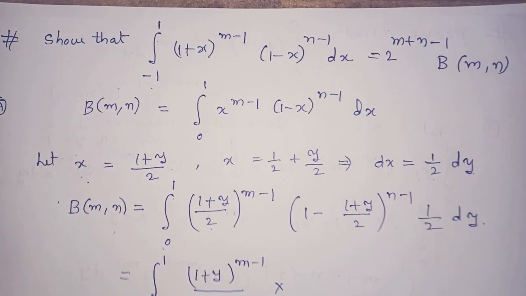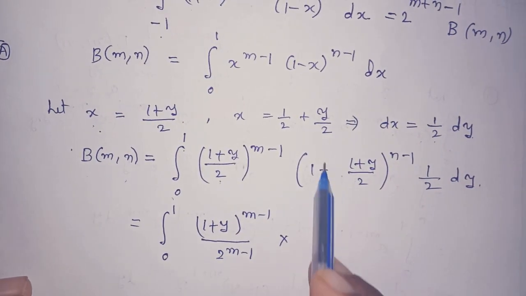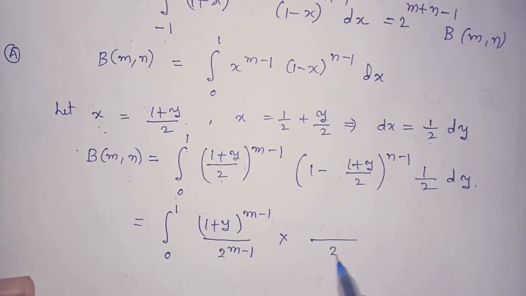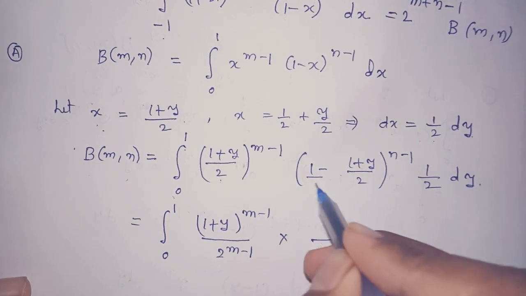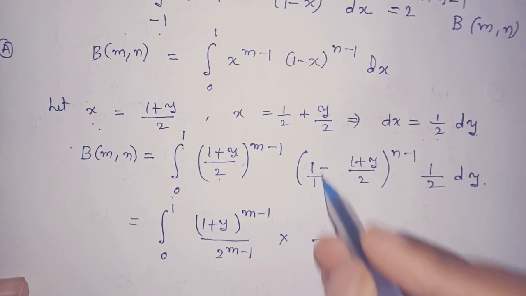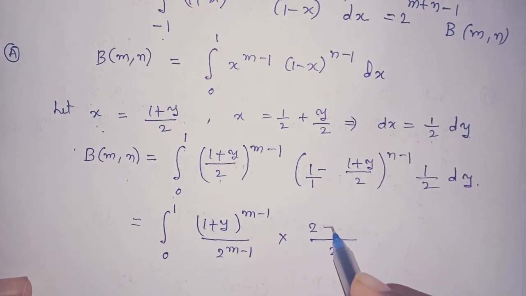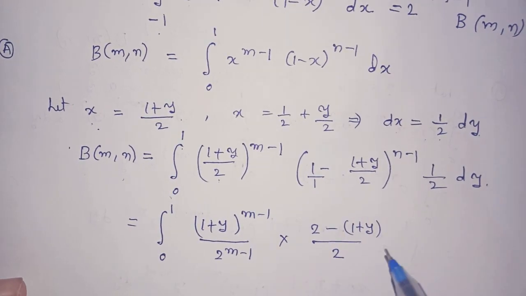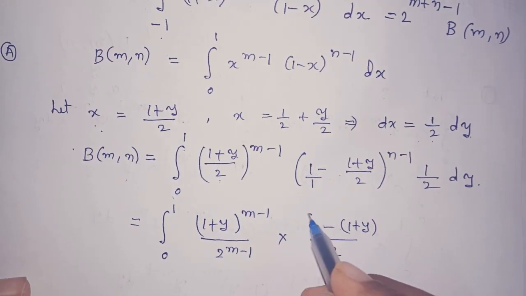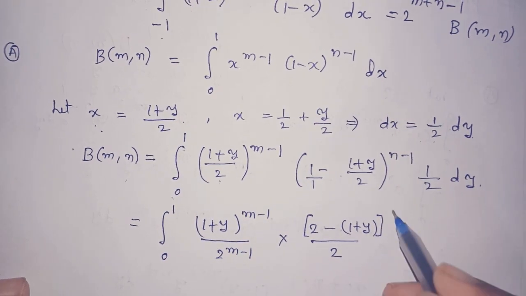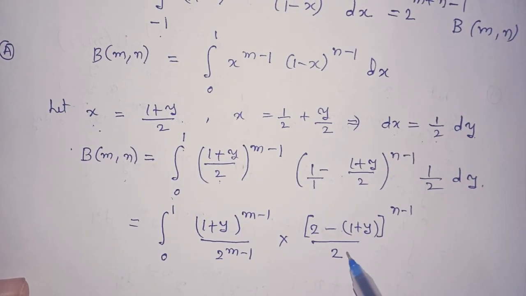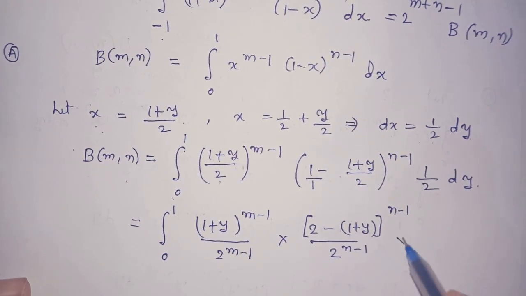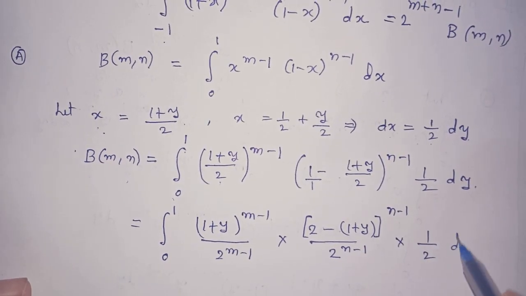Let us simplify this function by taking LCM, that is LCM is 2: (1 plus y) power of m minus 1 over 2 power of m minus 1, into (2 minus 1 minus y) power of n minus 1 over 2 power of n minus 1, into 1/2 dy.